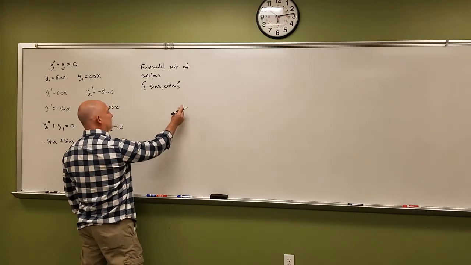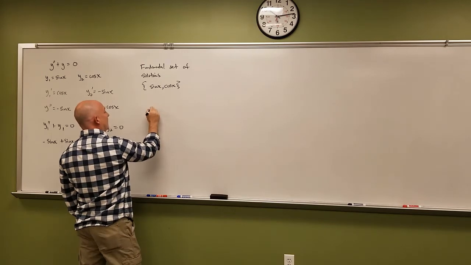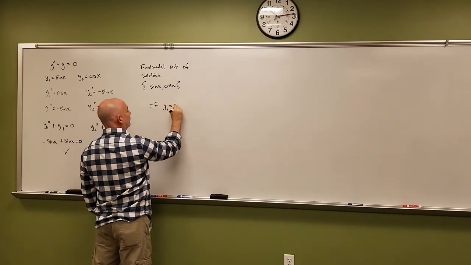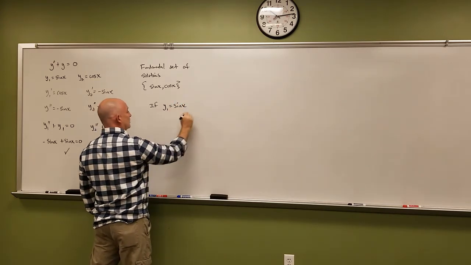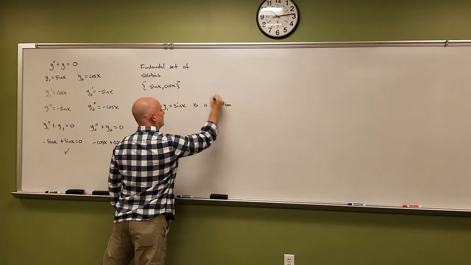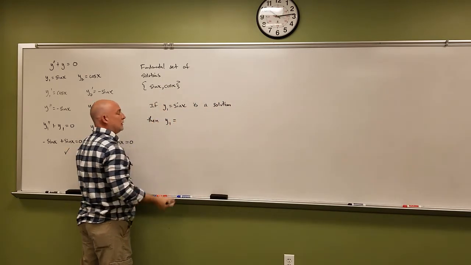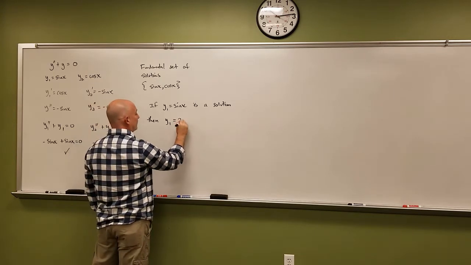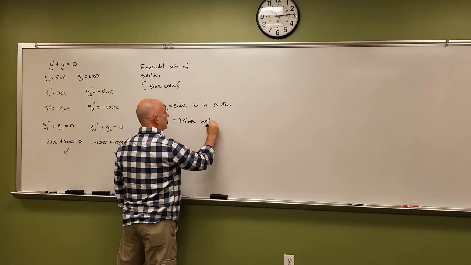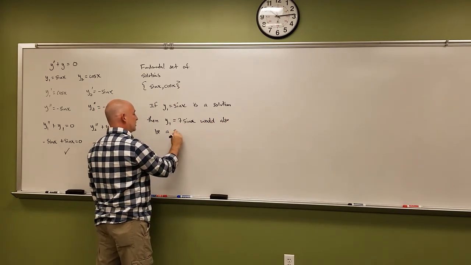Does it make sense, first off, since the derivative is a linear operator, that if y1 equals sine x is a solution, and I'm still talking about the same differential equation up there, then y1 equaling, make up any number you want, 7 sine x would also be a solution.